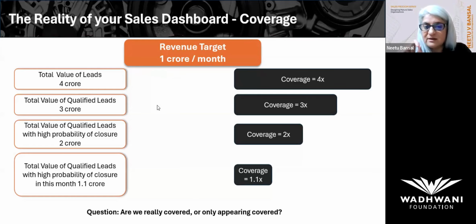But when you start measuring the right coverage, you have to measure only qualified leads. And if you're doing a monthly target, qualified leads with high probability of closing this month. That is your real picture. That is where you need the true value of coverage.